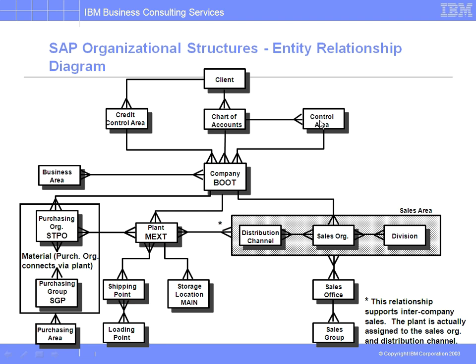This is the one I am referring to. Control area. You see here, control area to company code. It is one to many. It means one control area can feed the requirements to many company codes. If you want to define it, you can define it one to many, or if you want to go with one to one also, you can go.